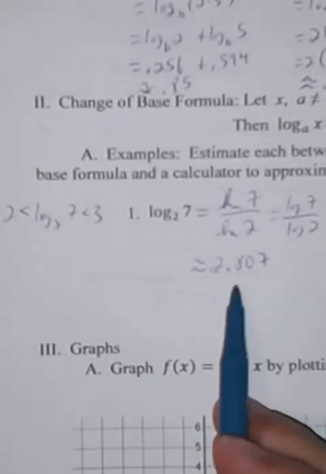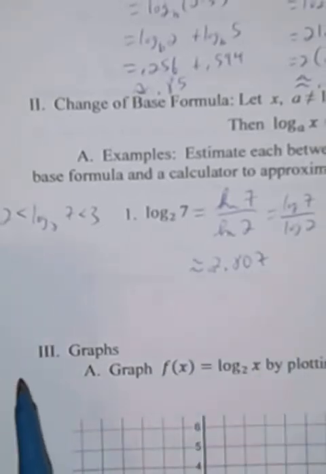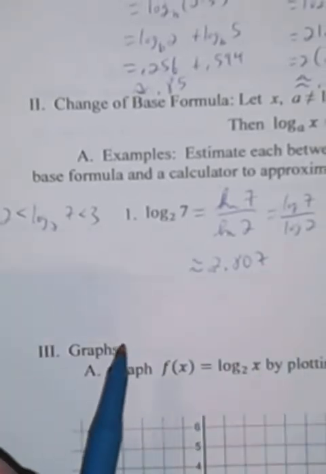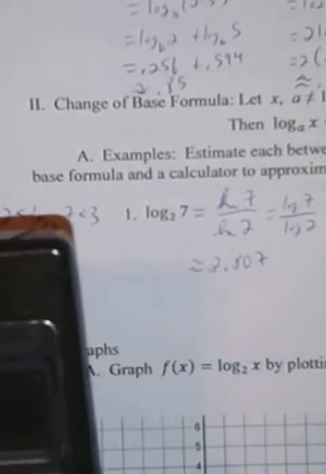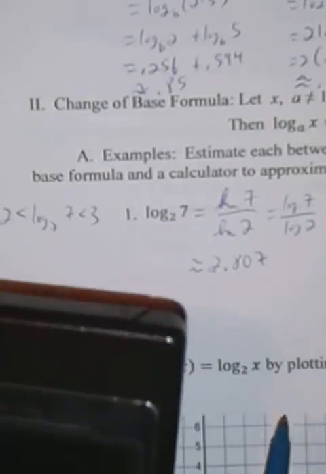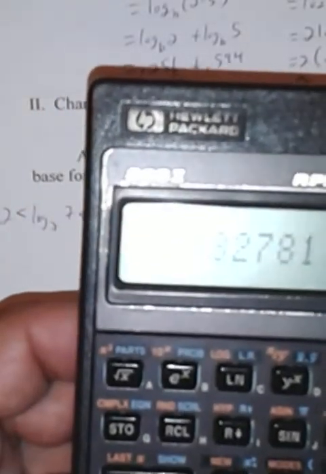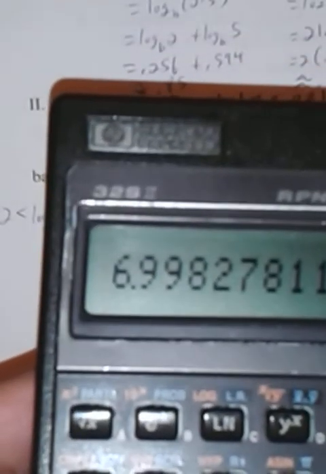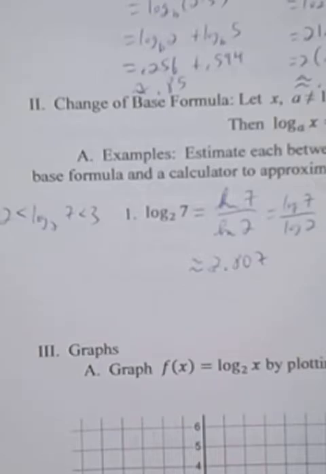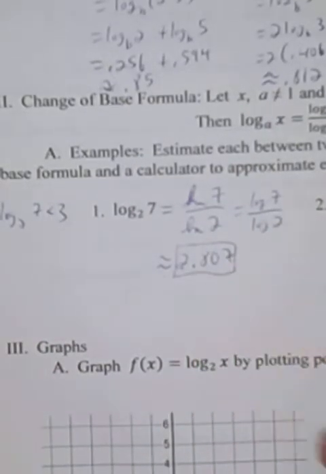And look, if I take 2 to the power 2.807, I get 6.998, which is really close to 7. Did you guys see that? Yeah, of course that's because we rounded. All right, so that confirms that I have a good answer.